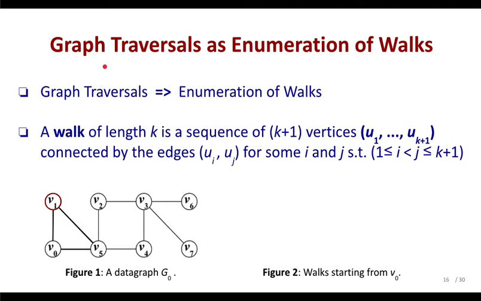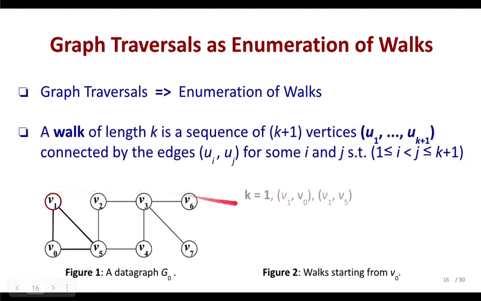We model graph traversals as enumeration of walks. We define a walk of length k as a sequence of k plus 1 connected vertices. With the graph G0 below, I explain the walks of lengths 1 and 2 starting from vertex 1.